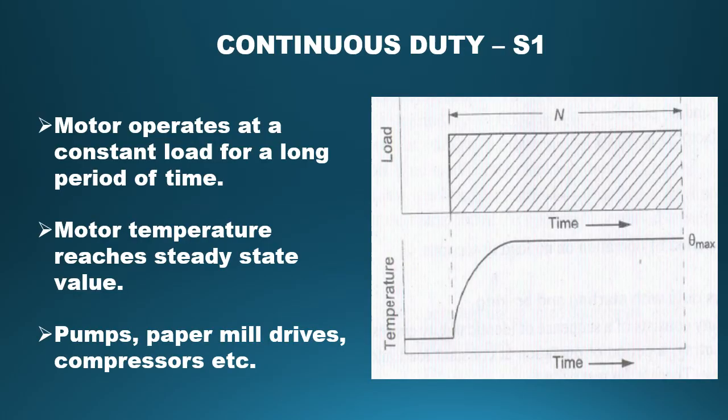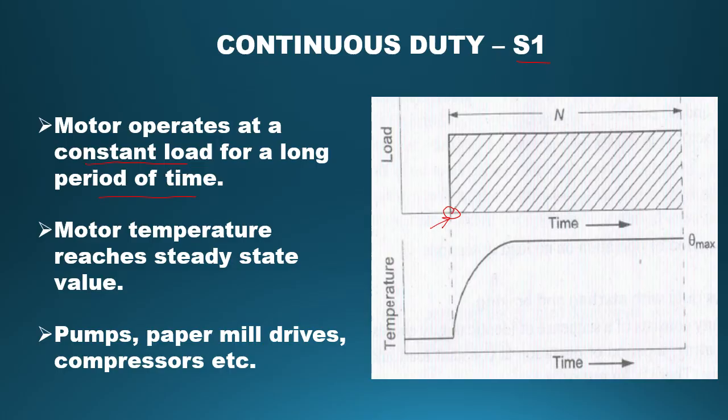The first one is continuous duty, also known as S1 duty cycle. As the name suggests, the motor operates at a constant load for a very long period. From the graph, you can see that the load is applied at this point.